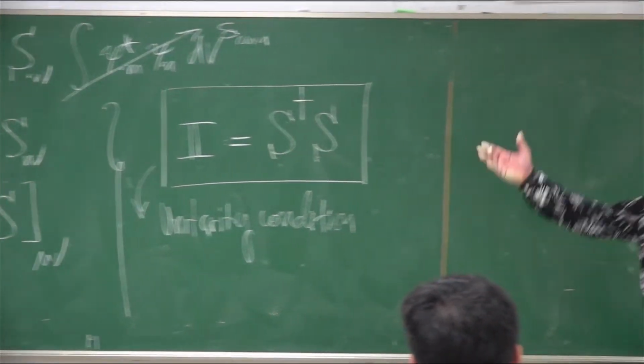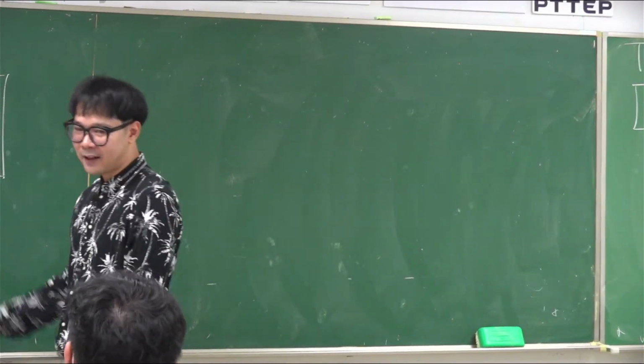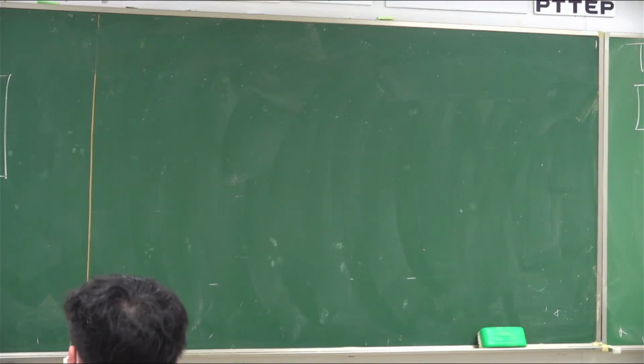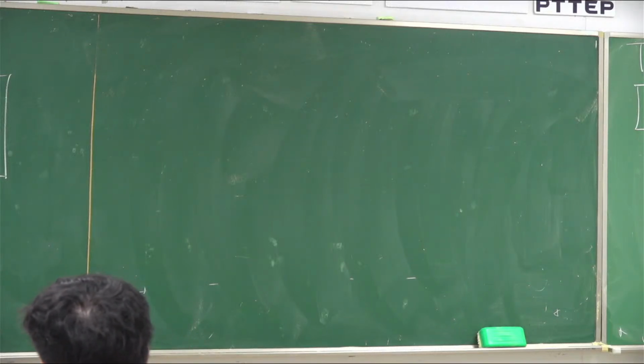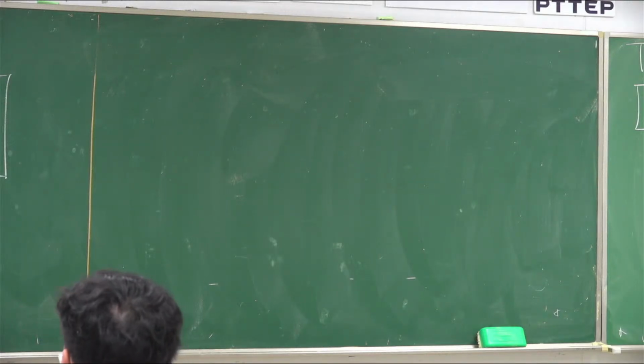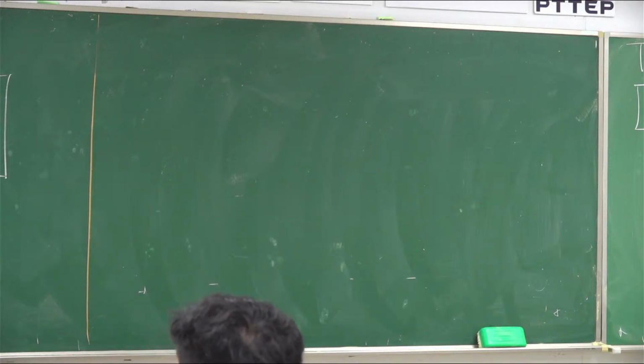If I give you this S matrix, which actually satisfies this condition, does this matrix have to obey the Hermitian condition as well? Yes or no?